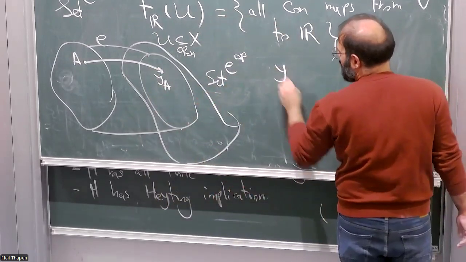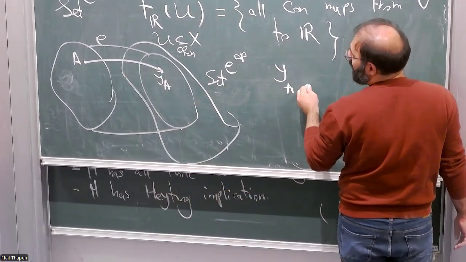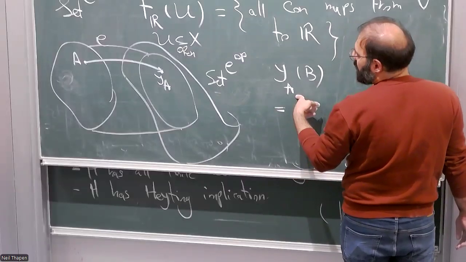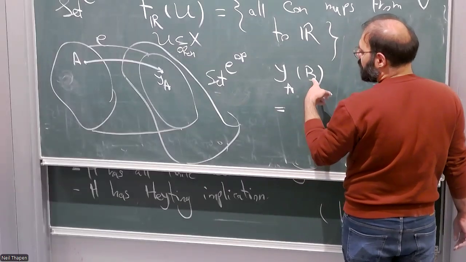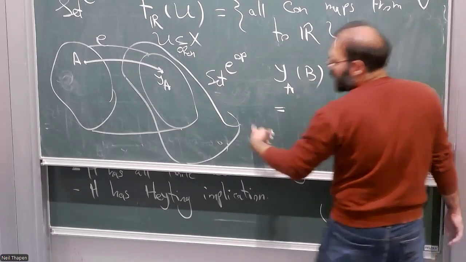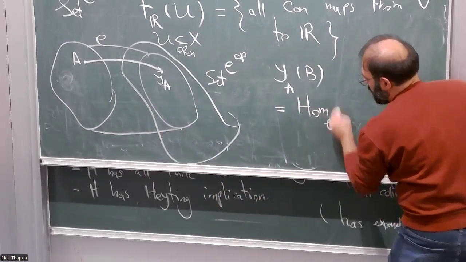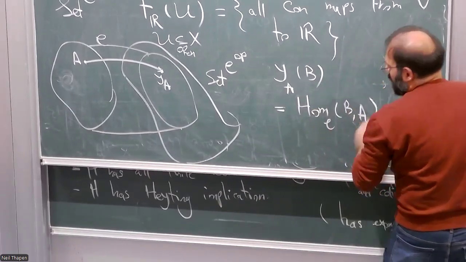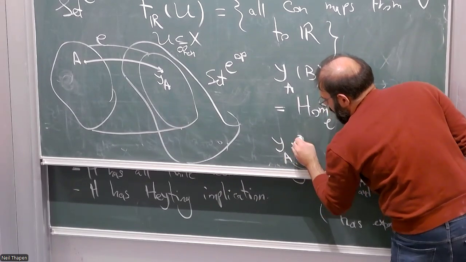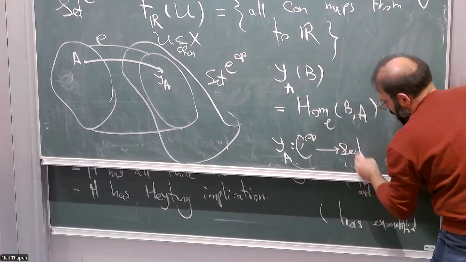And what was that? Yoneda of A is exactly what we want it to be. So the intuition was that it should be all the maps from B to the space A, right? But it means something because we can have it in C. So you can say all the maps from B to A. So this Y of index A is then a functor from C opposite to set.